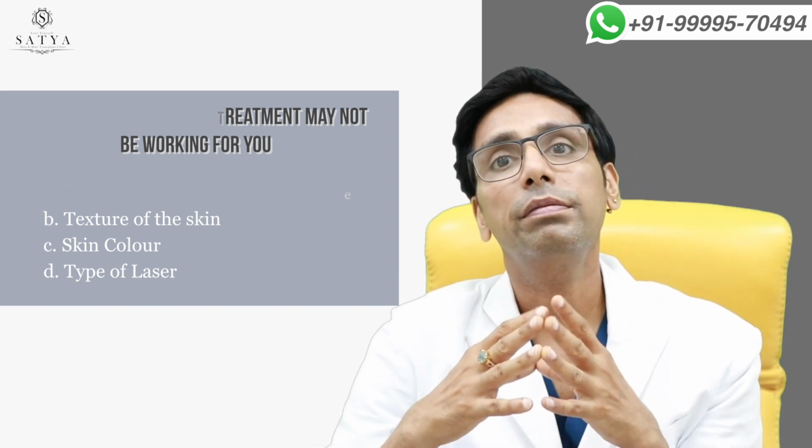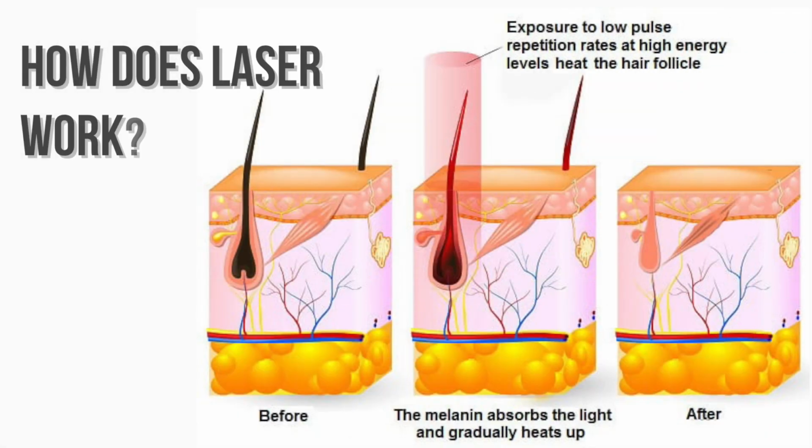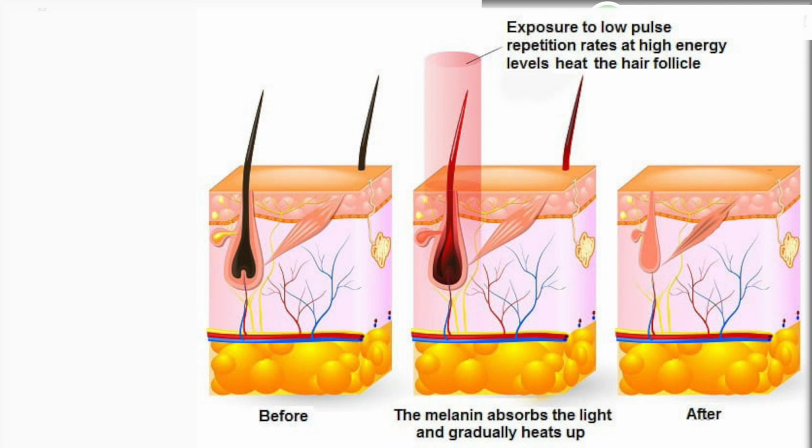The concept of laser hair reduction is chromophore. When you give the laser light, the light energy is absorbed by melanin which is present in the hair bulb. This melanin gets heated, and once it gets heated up, it gets burnt and the hair is destroyed.